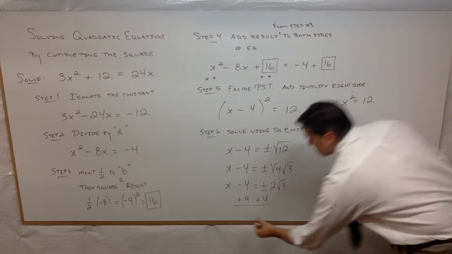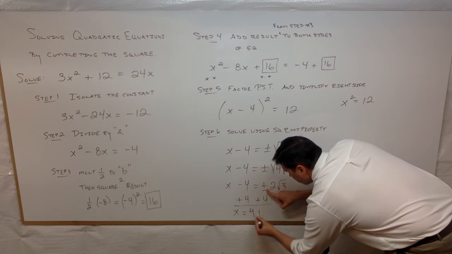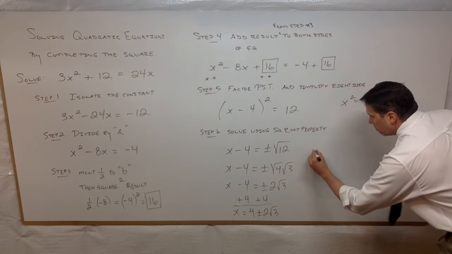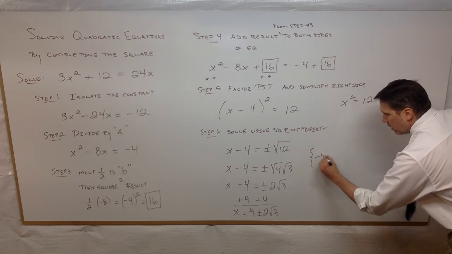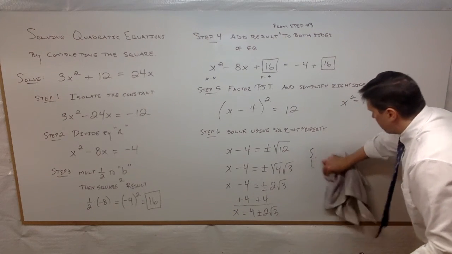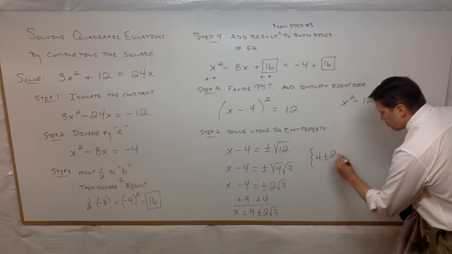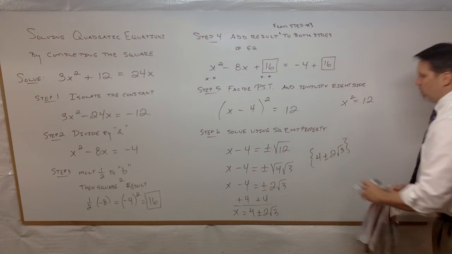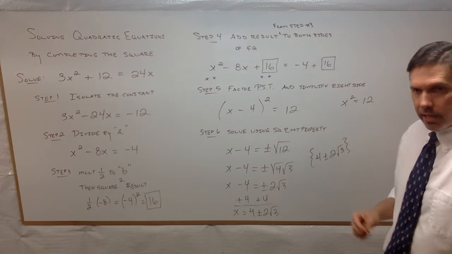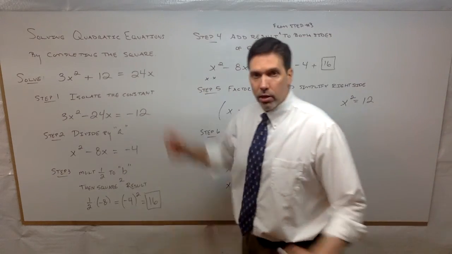But what we can do is write the 4 first, and then write the plus or minus 2 square root of 3, and say, well, those are my solutions. Positive 4, and plus or minus 2 square root of 3. So, truthfully, my answers are 4 plus 2 square root of 3 and 4 minus 2 square root of 3. Those are the solutions to my original quadratic equation.